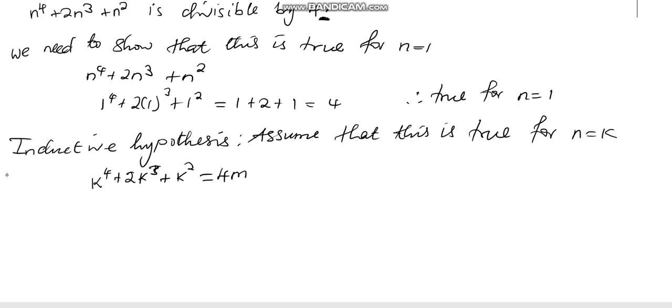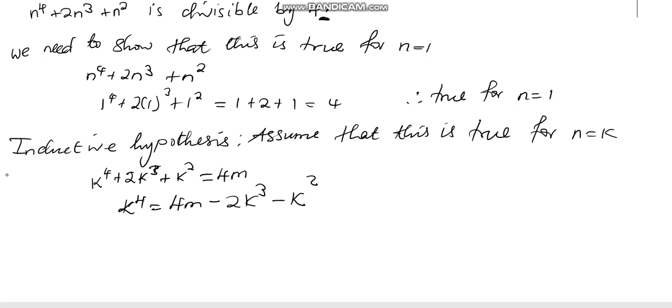We can make k to the power 4 the subject, putting everything on this side. So k to the power 4 will be equal to 4m minus 2k to the power 3 minus k squared.